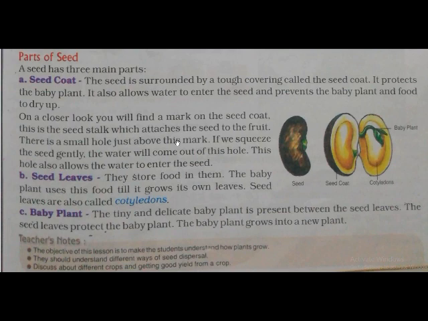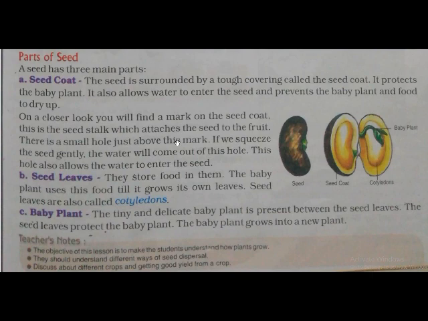On a closer look, you will find a mark on the seed coat. This is the seed stalk, which attaches the seed to the fruit. There is a small hole just above this mark. If we squeeze the seed gently, the water will come out from this hole.